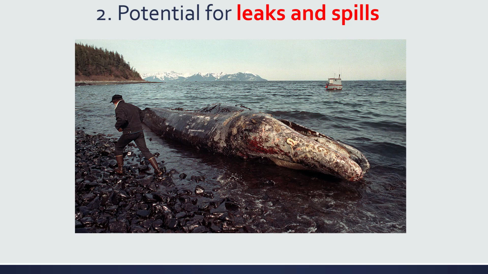This stuff is bad for animals, and here's why. When you ingest it, it is a poison, and it builds up. And when you talk about birds and animals with fur, it coats their feathers and fur.